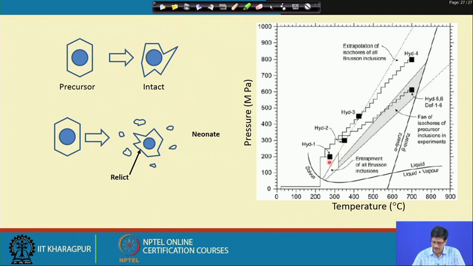These are the range of isochores from the microthermometric experiments done on those natural inclusions, and this fan shown by the dotted line is the region in which these isochores could pass. This condition corresponds to a temperature of about 700 degrees Celsius and higher, and higher the pressure that was given.